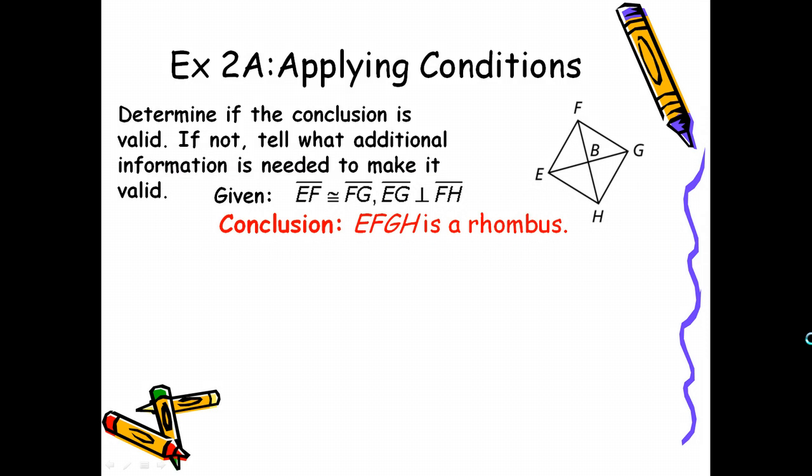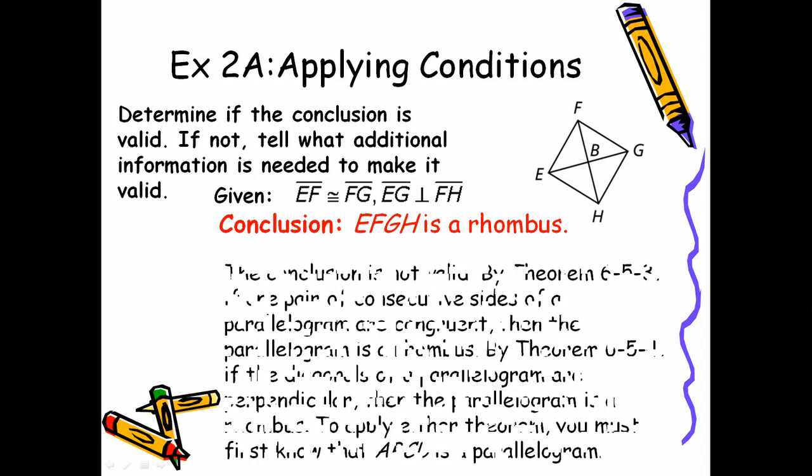So let's look at another example. Determine if the conclusion is valid. If not, tell what additional information is needed to make it valid. We're given that in this quadrilateral, EF is congruent to FG, and EG is perpendicular to FH. Our conclusion then is that EFGH is a rhombus.